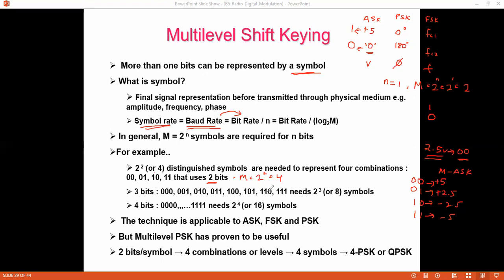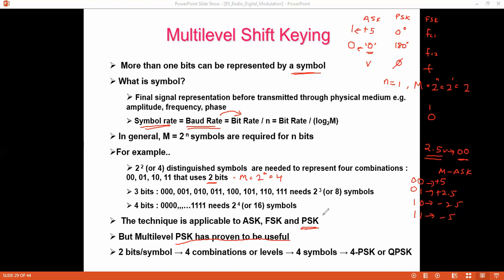And this concept or technique is applicable to all ASK, FSK, and PSK. However, multi-level PSK has proven to be more practical. We have learned before that in terms of bandwidth performance and noise performance, PSK is the best. It uses the least bandwidth, and it has the best noise performance.